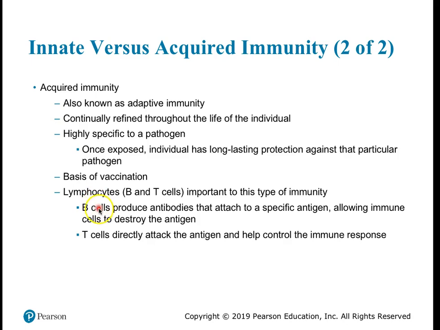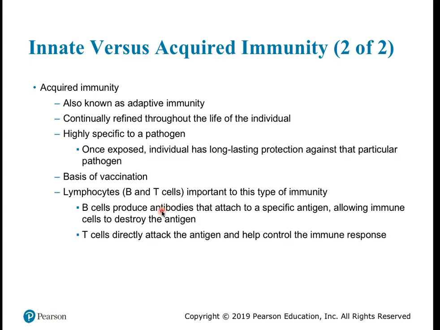You have two major types of lymphocytes. You have B lymphocytes because they are going to get their education in the bone marrow, and they are going to produce a protein called an antibody.